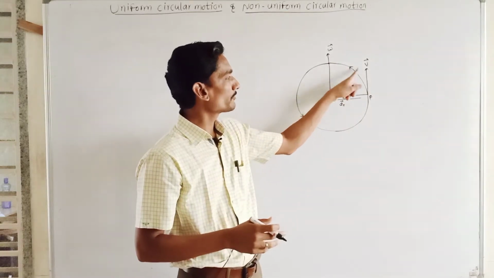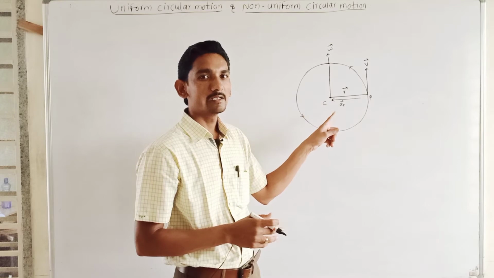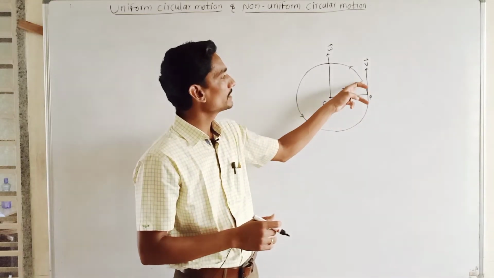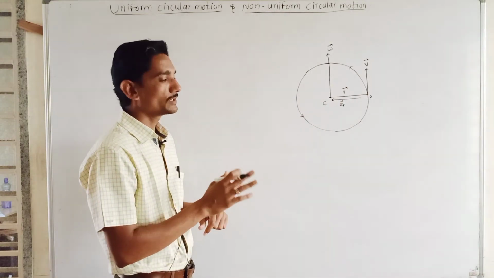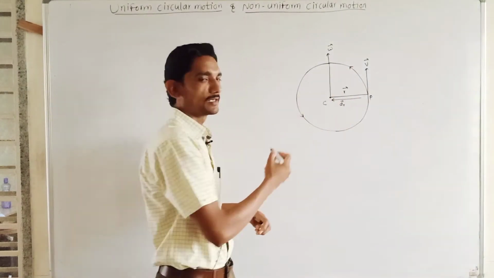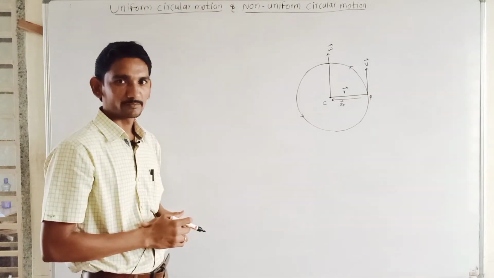The particle is performing circular motion, but its speed remains constant, and therefore we can say that it is the uniform one. So during the circular motion, if the speed of the particle remains constant, then that is called uniform circular motion.